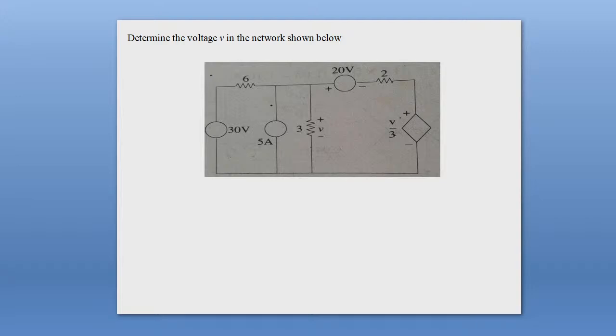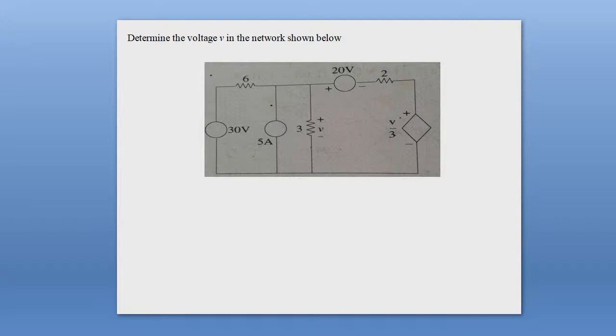Among these, two are voltage sources and one is a current source, and the remaining one is a dependent voltage source. Among these 4, 2 are independent voltage sources, 1 is a dependent voltage source, and the remaining one is a 5 ampere current source.